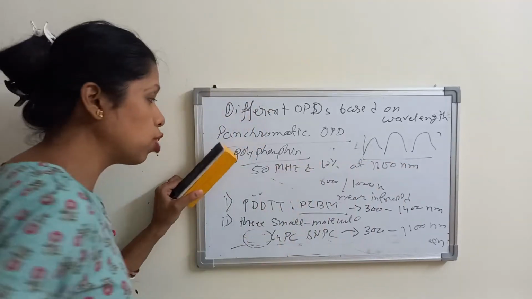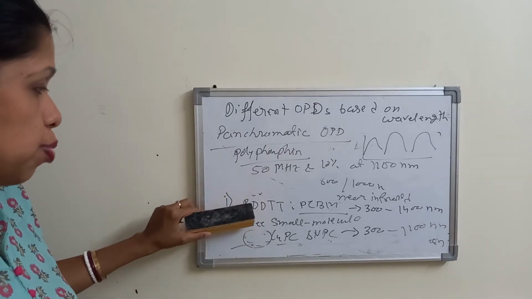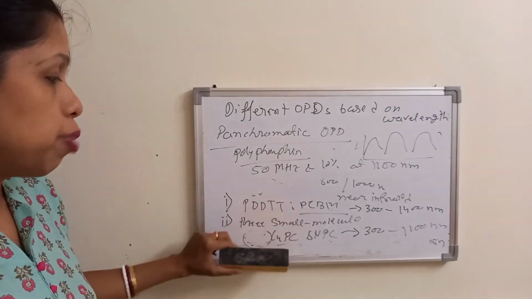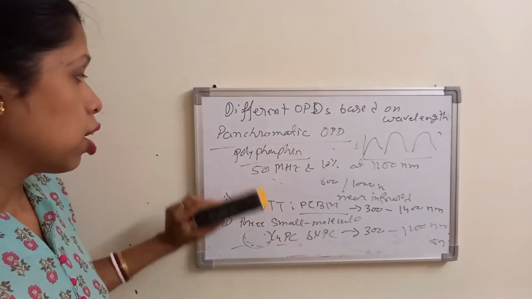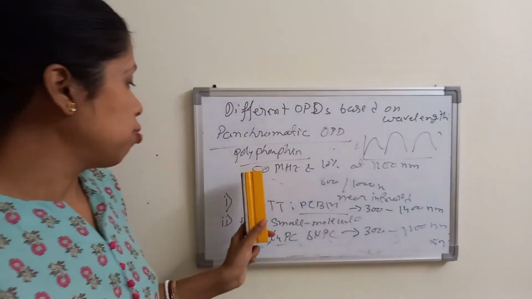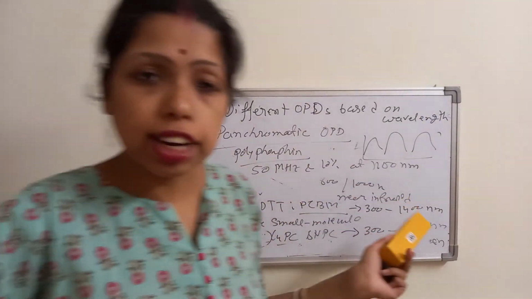So after the publishing of the polymer papers and these three different small molecules, this one material was investigated that can give 50 megahertz response speed and 10% efficiency at 1100 to 1200 nanometer.